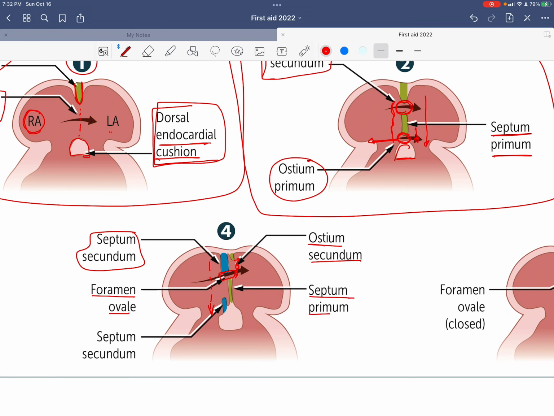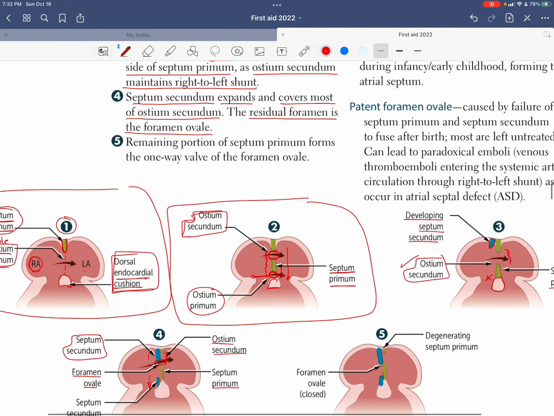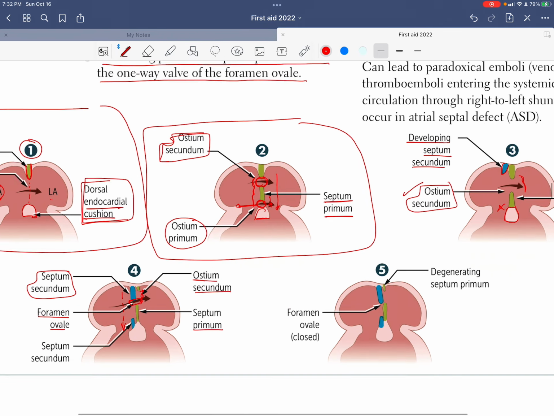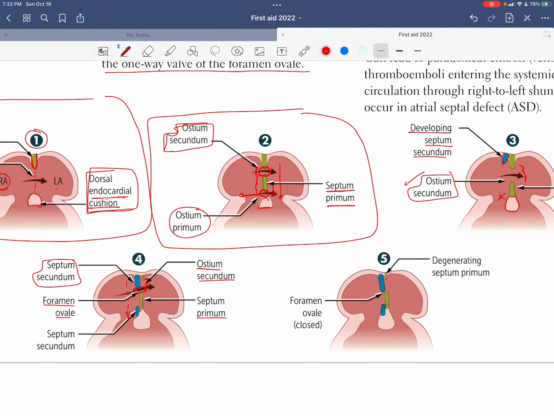And we still, of course, have some parts of the septum primum. It just didn't all fade away, so it's still there. And for number 5, the remaining portion of septum primum forms the one-way valve of the foramen ovale, because as we said, the septum secundum, the blue thing, does not completely close this opening, that is the ostium secundum.